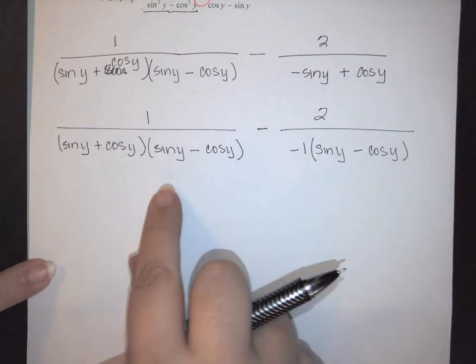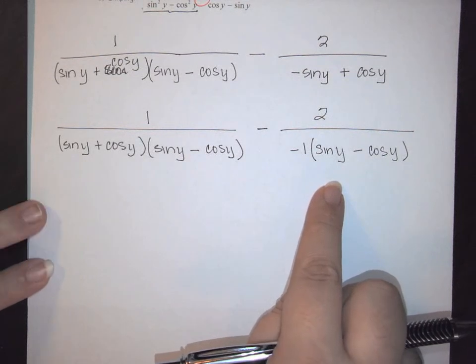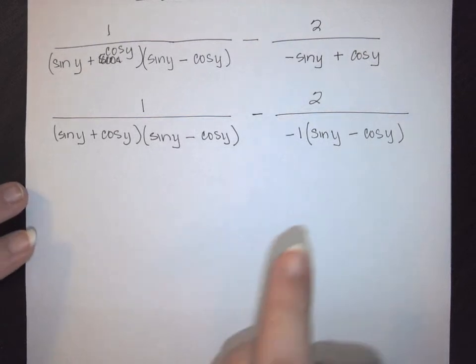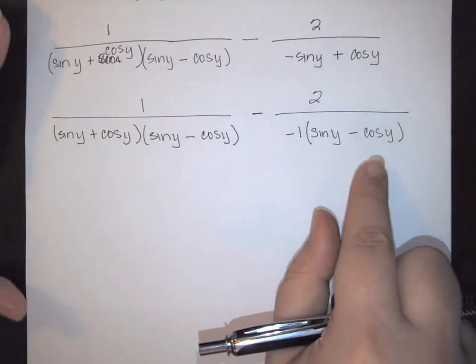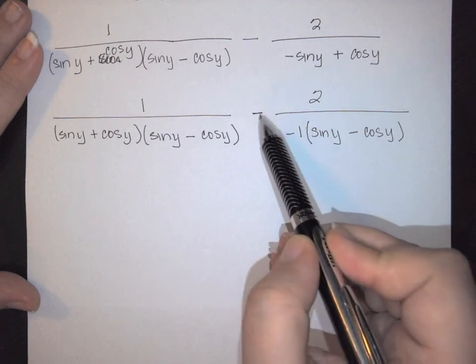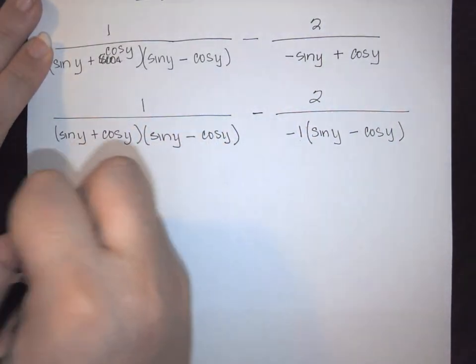Okay, what we're trying to do here is we're trying to make common denominators. Because if you add or subtract fractions, what's the rule? You need a common denominator. So we're trying to make that. So when I pull out this negative, I have minus a negative. So this means I can rewrite my initial.